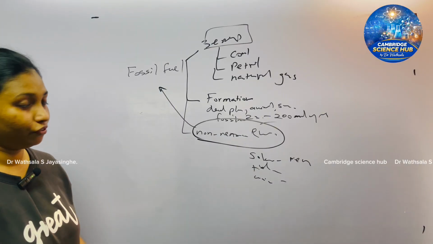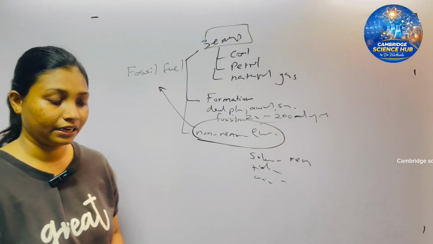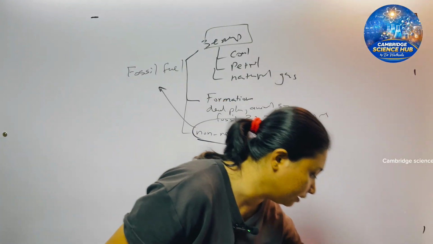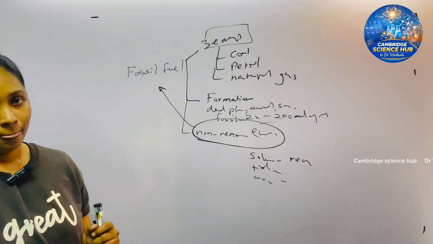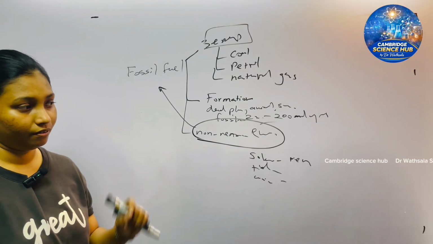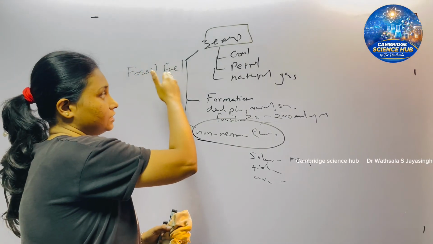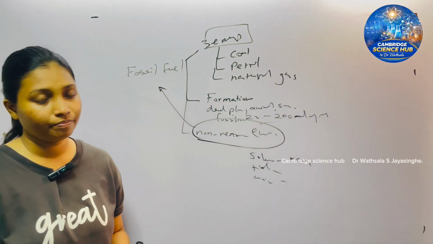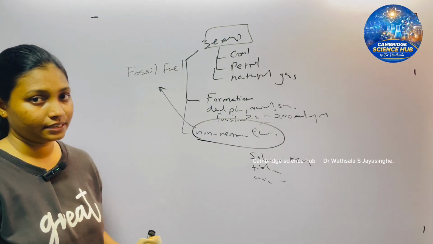So first of all, write down the main chapter, chapter 6, chemical energetics. Under that, write down the first subtopic, fossil fuel. Okay, under that, you can write with some red star marks or star marks. First one is fossil fuels. Some examples for fossil fuels are coal, petroleum and natural gas.